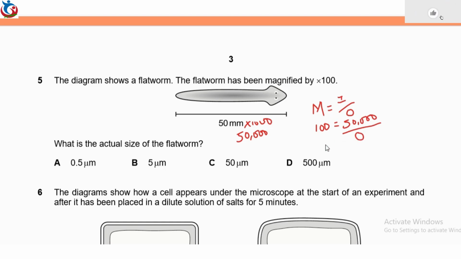Making the object size the subject of the formula, actual size is equal to 50,000 divided by 100. With this, the zeros cancel, and we'll be left with 500 micrometers. So that makes option D our correct answer. 500 micrometers is the actual size of this flatworm.